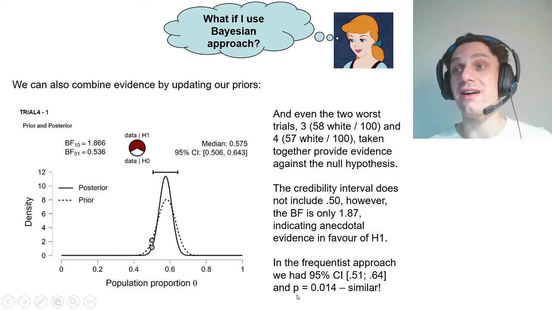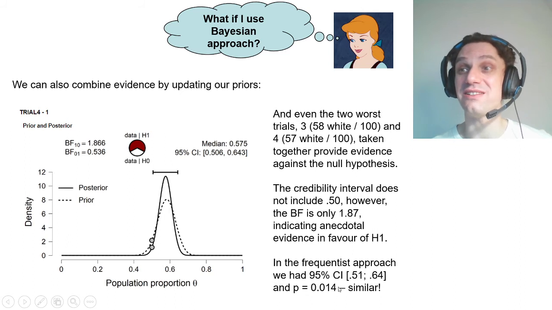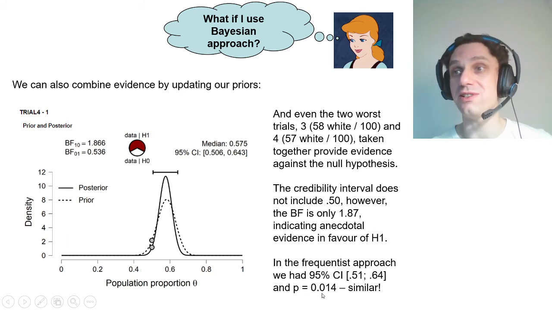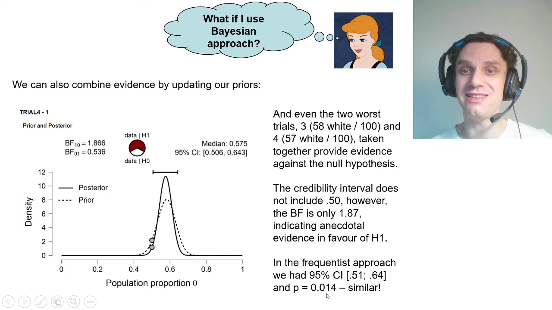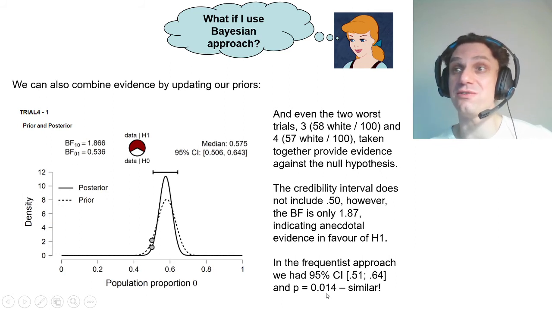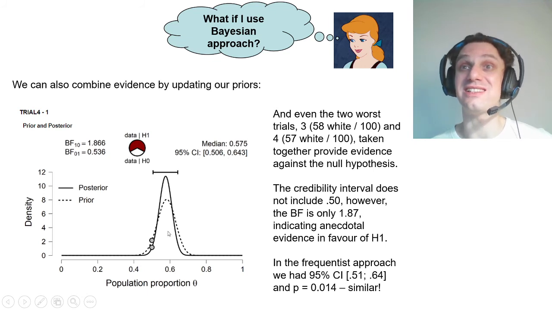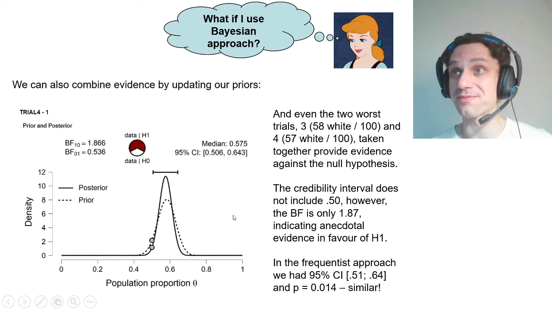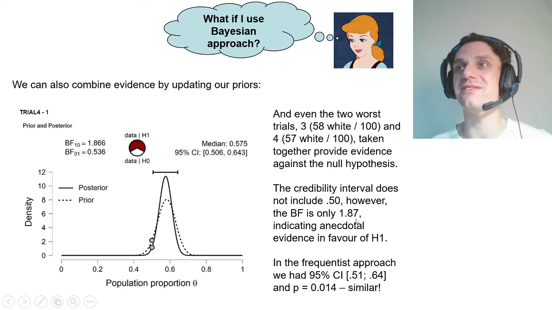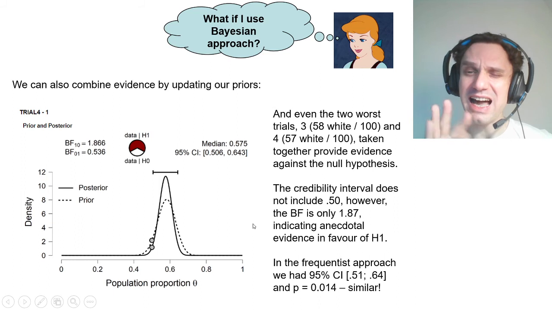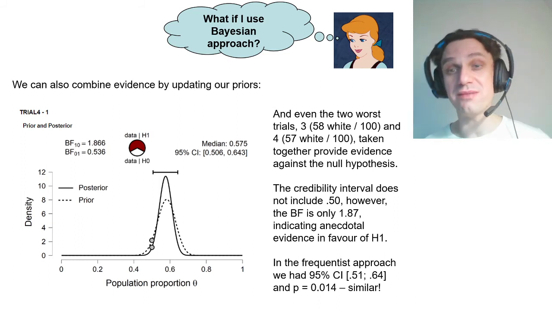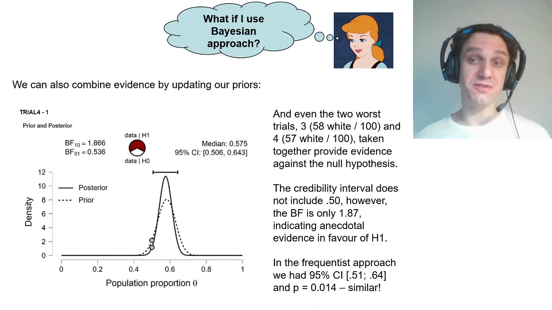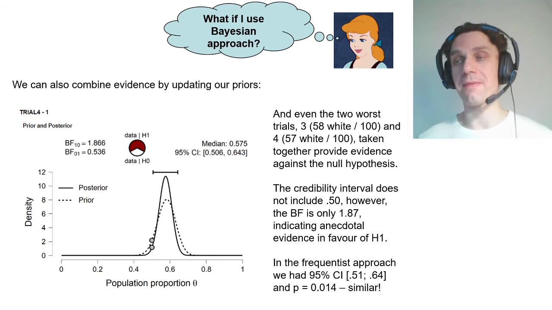However, in frequentist approach, we gave an interpretation that it's a significant effect because P was almost 0.01, at least it was below 0.05. However, in Bayesian approach, based on these two trials, 3 and 4, the combined Bayes factor is only 1.87, which suggests anecdotal evidence in favor of H1, but not strong enough to confidently accept H1.